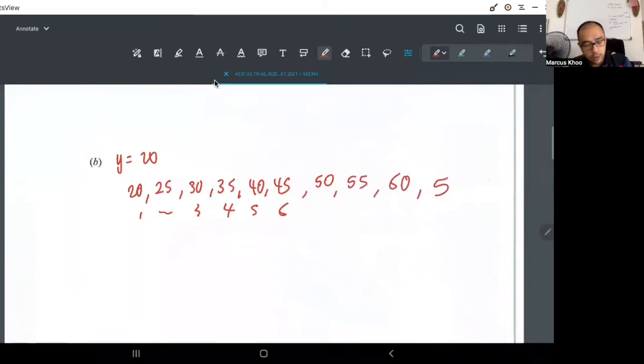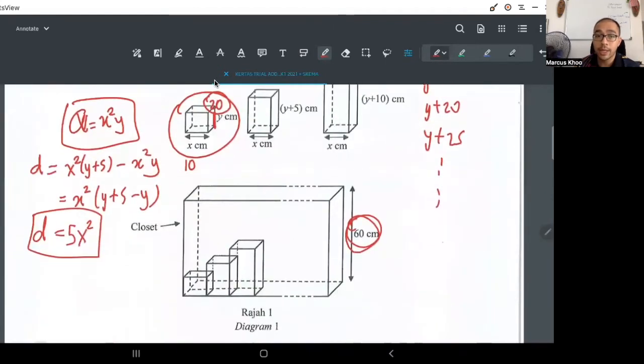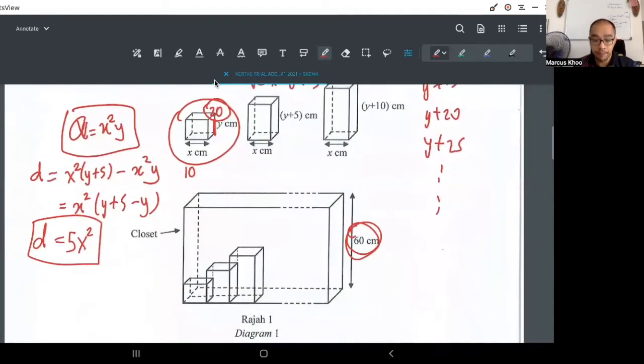So the height of the 10th box is 65 cm, right? Which is more than the height of the closet, which is 60 cm.